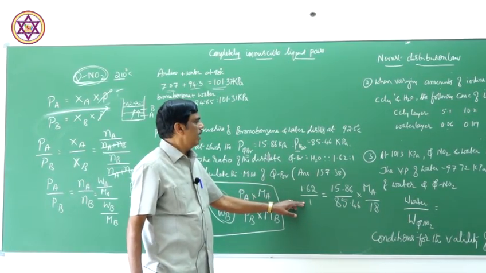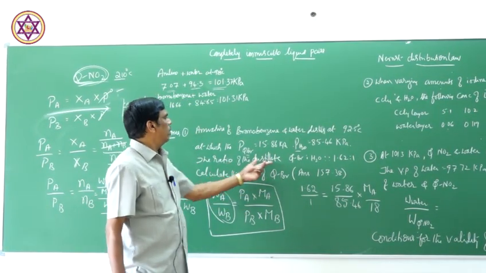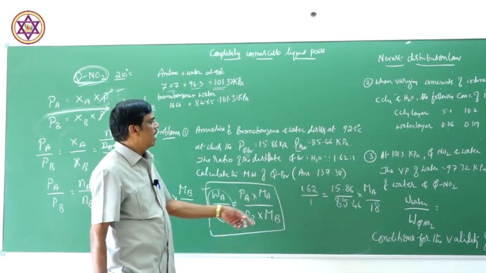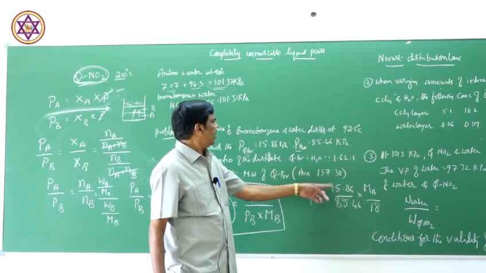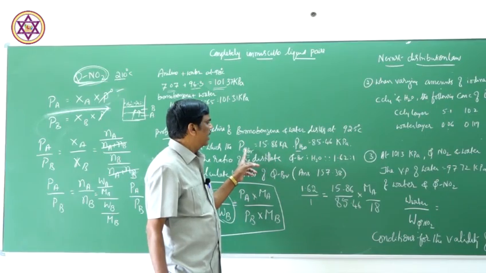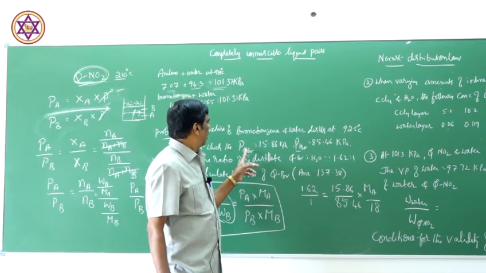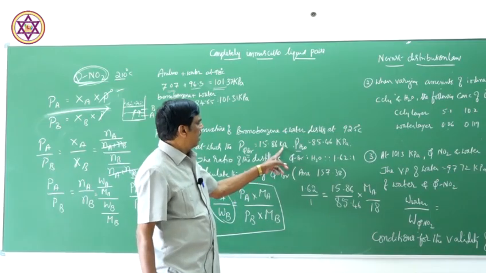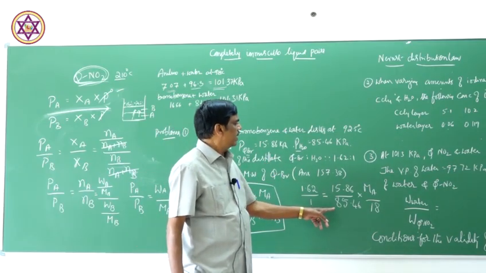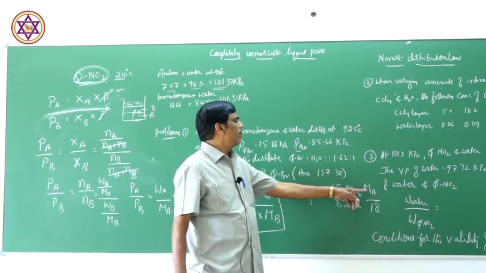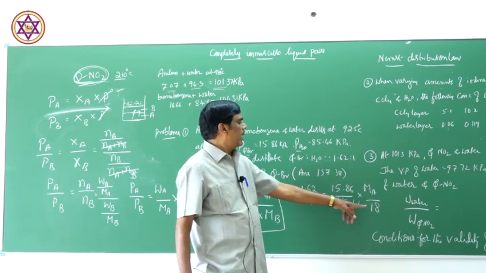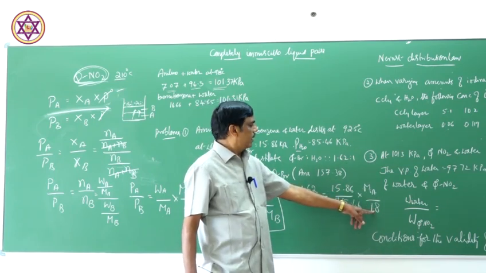So, 1.62 divided by 1, that is the ratio of the distillate given here, that I have substituted in this formula, and 15.86 kilopascals is the partial pressure of bromobenzene and partial pressure of water is 85.46 into Ma, molecular weight of bromobenzene that is to be calculated, and molecular weight of water is given, 18.